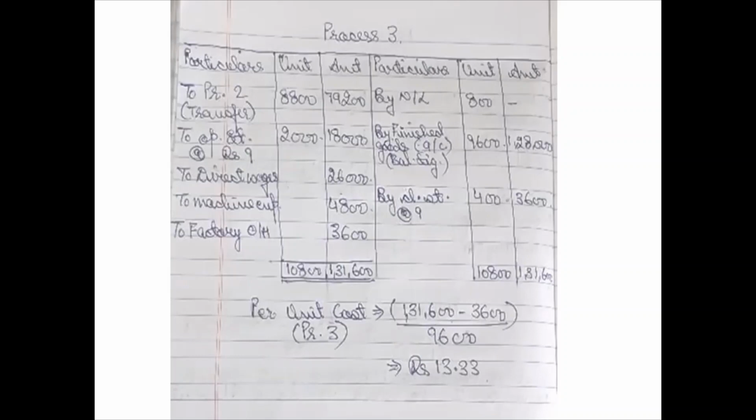Here we are going to write in the last process account that we are receiving the finished goods. And how many finished goods are received? 9,600 units, because we had a loss of 800 units and we had a closing stock in the process equivalent to 400 units. These units will be processed later on.